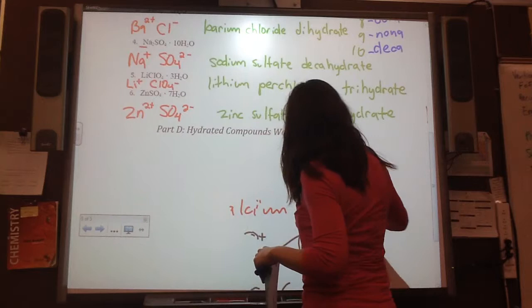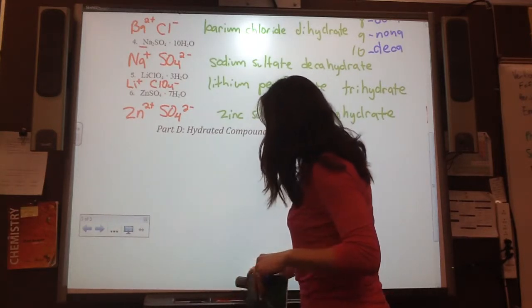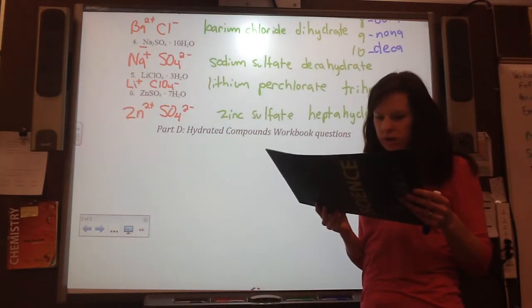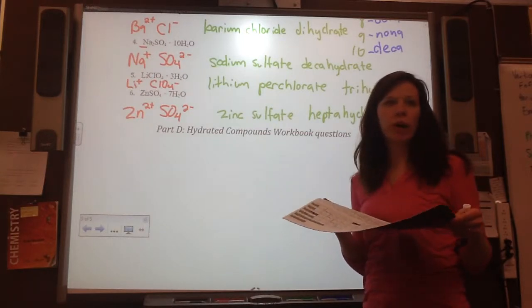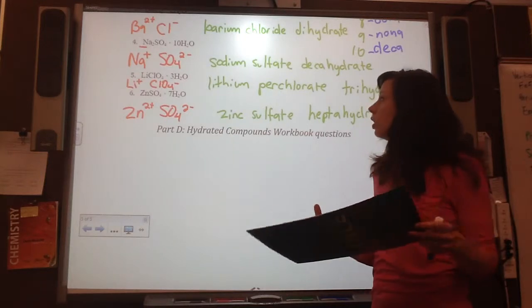Should we have been writing in Roman numerals for something? Only if there's multiple options. Okay, so when we look at zinc, which I should have been talking about earlier, can it have more than one ion? No, so that's how you know that you don't have to.